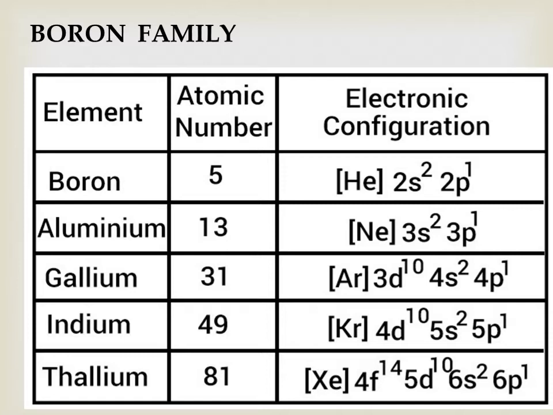Now my dear students, see the element boron. The atomic number of boron is 5 and the electronic configuration of boron is 1s2, 2s2, 2p1. So instead of 1s2, helium is written. That is, when you are writing the condensed electronic configuration, the preceding noble gas element is written.